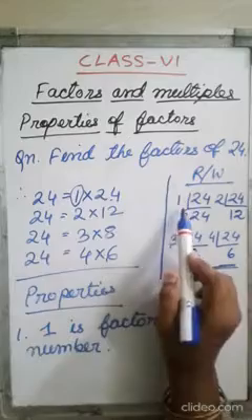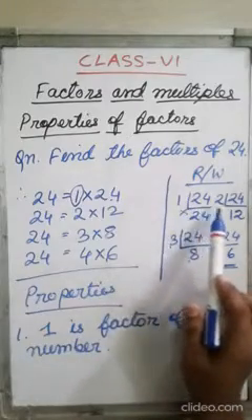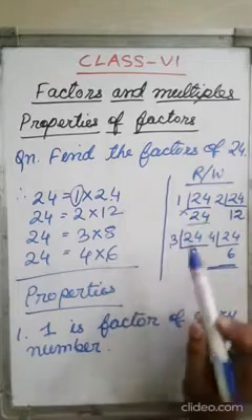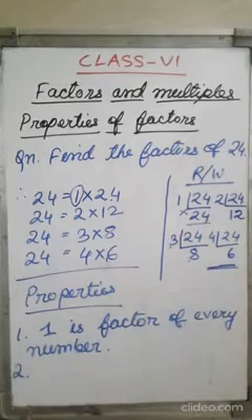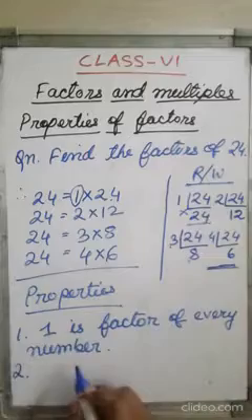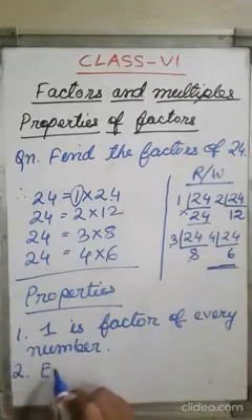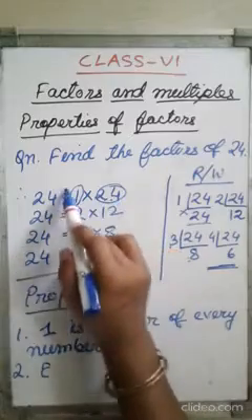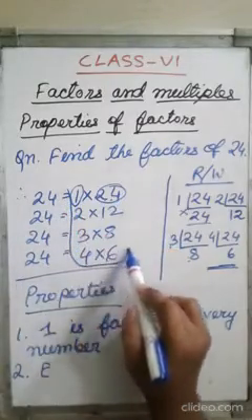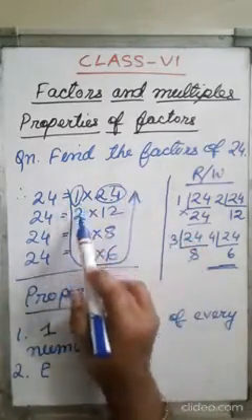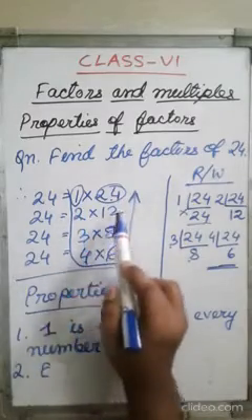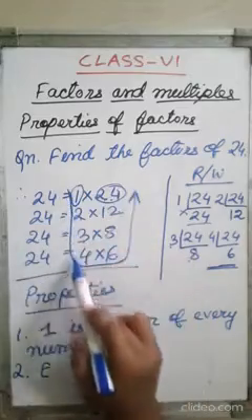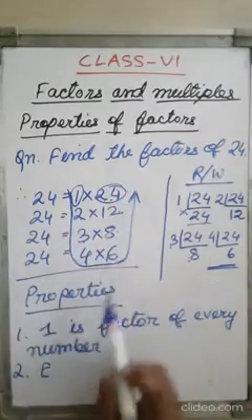You can divide every number by 1 and you get the same number. Property number 2, every number is a factor of itself. 24 is a factor of 24. By the way, what are the factors? The numbers 1, 2, 3, 4, 6, 8, 12 and 24. All the numbers starting from here to here are the factors.